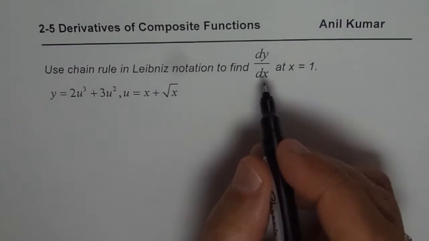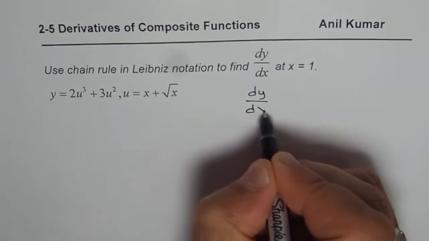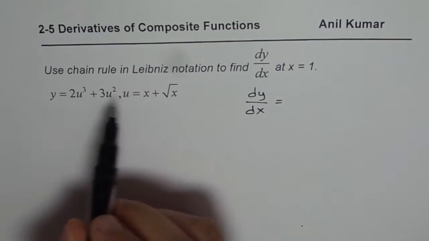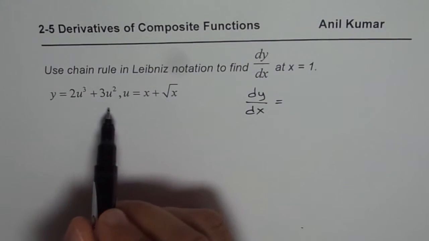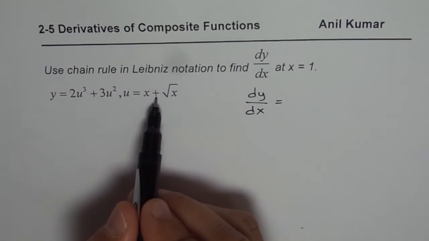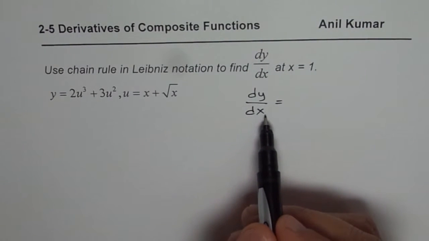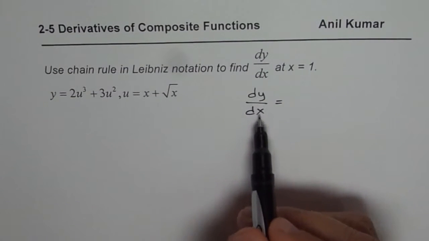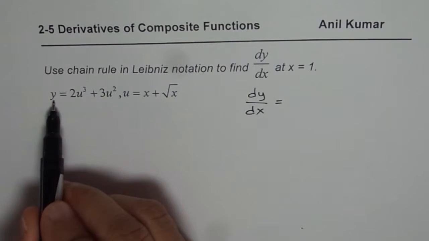So what we have learned is that if we are given y in terms of u, and u in terms of x, then y is a function of x, and therefore we can find dy/dx. That means the rate of change of y with respect to x, and that is equal to the rate of change of y with respect to u, times the rate of change of u with respect to x.